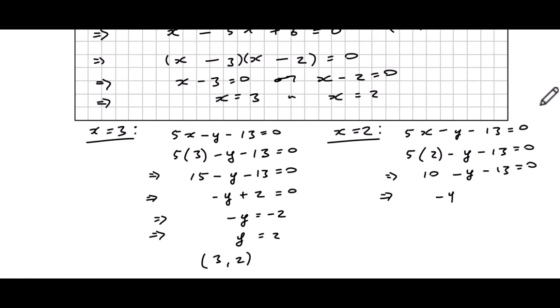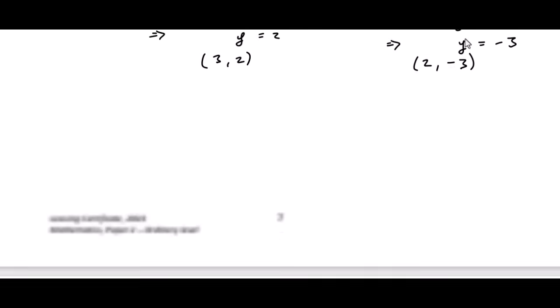So now we've got minus y, and a plus 10 minus 13, that's minus 3 equal to 0. That gives minus y is equal to, bring the 3 over, it becomes plus 3. That gives me y is equal to minus 3. So my second answer is x equal to 2, y is equal to minus 3. So that's it for that question.